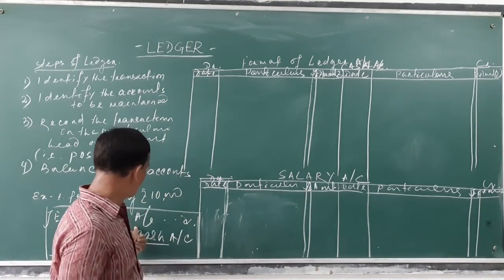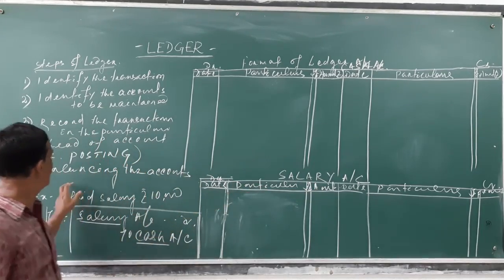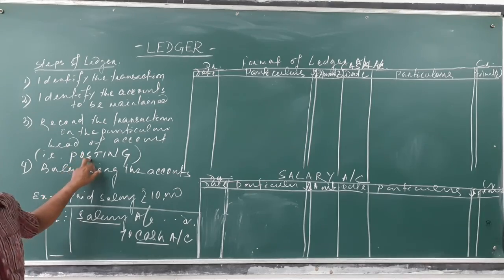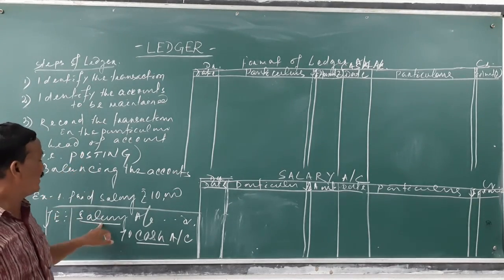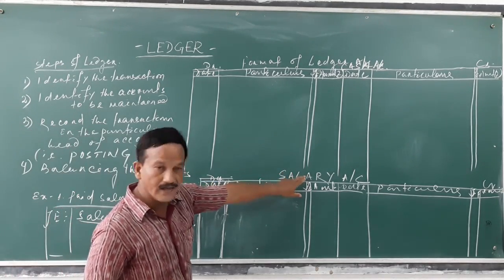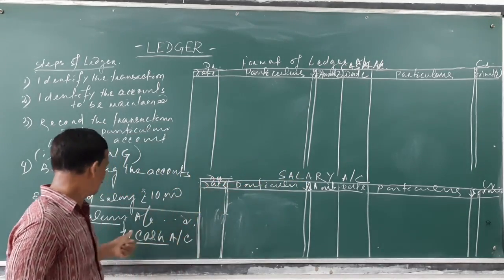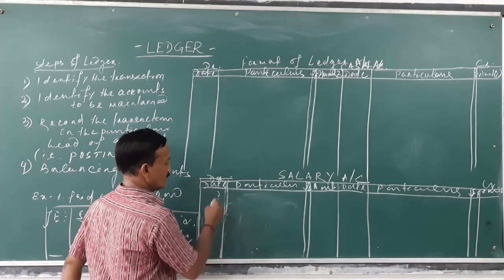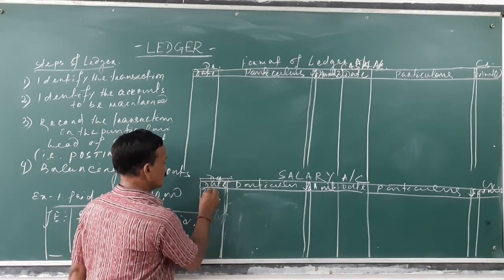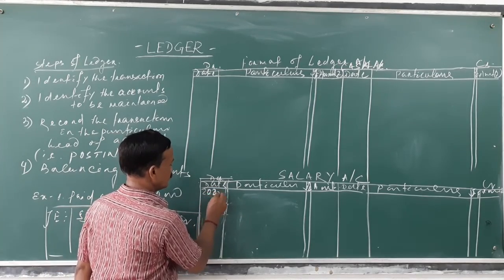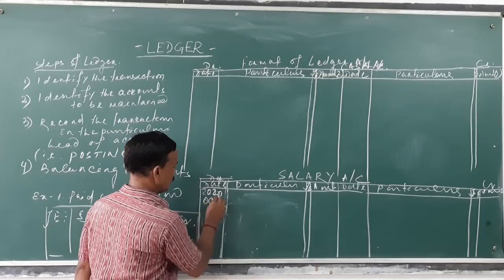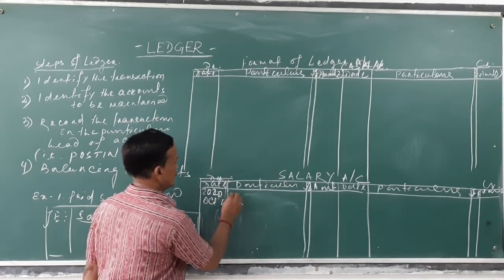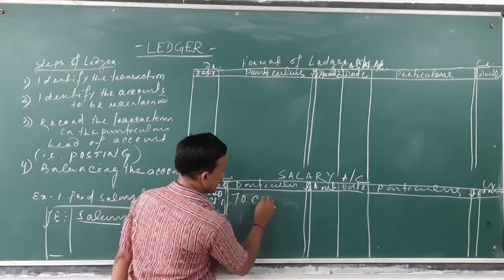Now here, this is the journal. We now go for the posting, the recording of the transactions. Salary account is debited, to cash account. So you have to write here: in the date column, write the date, suppose 2020 October 1st.